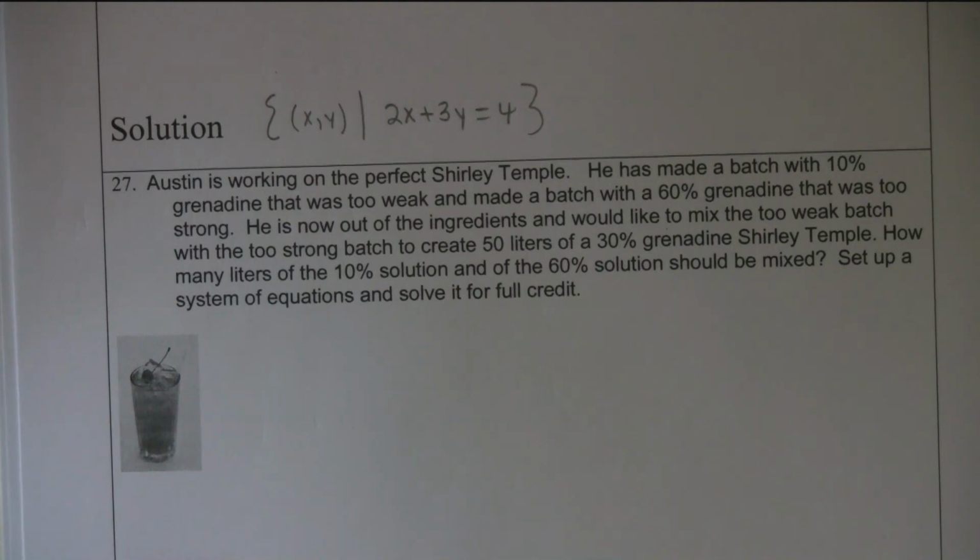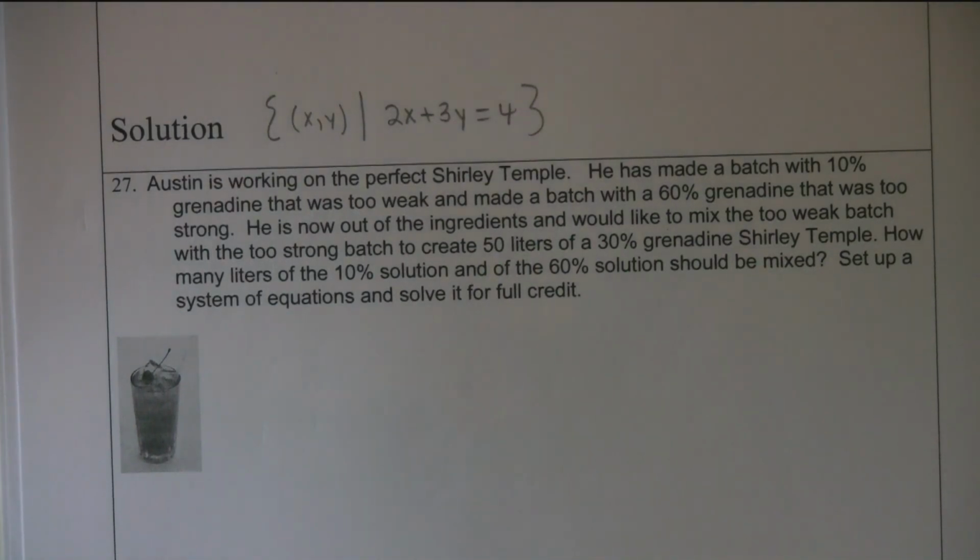He is now out of ingredients and would like to mix the too weak batch with the too strong batch to create 50 liters, which is a lot of Shirley Temple, but there must be a big party going on down there at the Crystal Palace. He says the perfect Shirley Temple is 30% grenadine. How many liters of 10% solution and 60% solution should be mixed? Set up a system of equations and solve it for full credit.